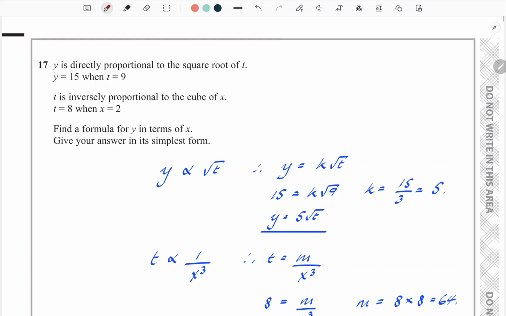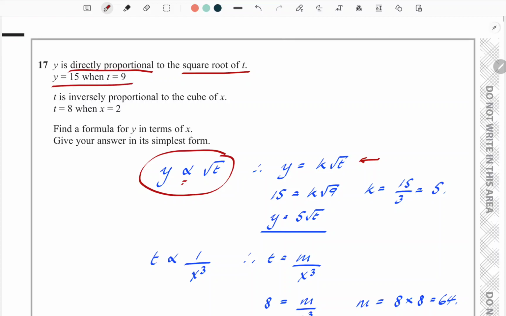When something is directly proportional, this is what we mean. It says y is proportional, there's your proportional sign, to the square root of t. You can replace that with an equals k times square root of t. So y equals k root t, and then it gives you a couple of bits of data.